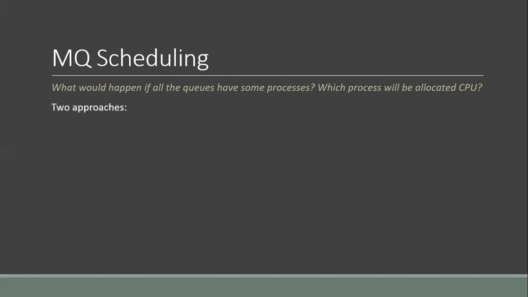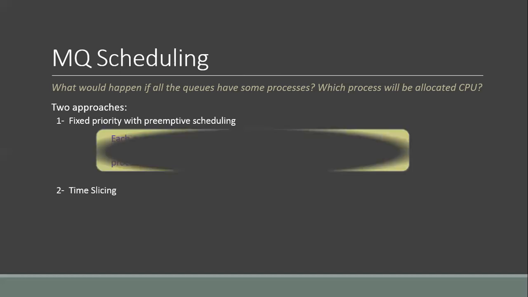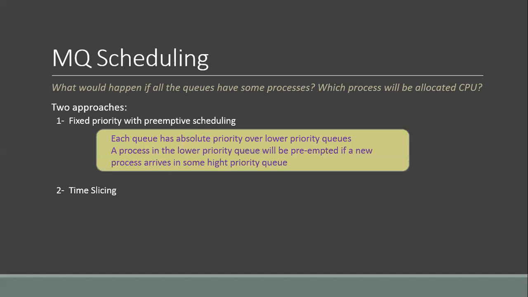There are two approaches to deal with this situation. The first approach is fixed priority with preemptive scheduling. And the second approach is time slicing. In fixed priority with preemptive scheduling, each queue has absolute priority over lower priority queues.